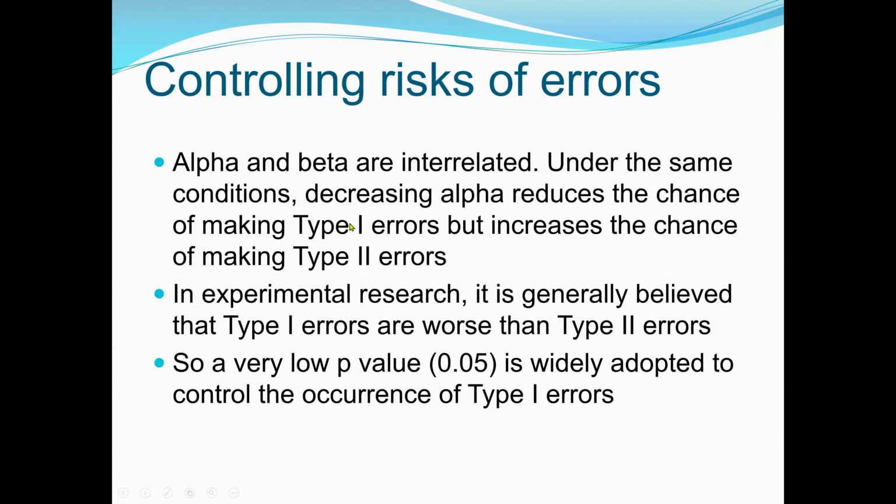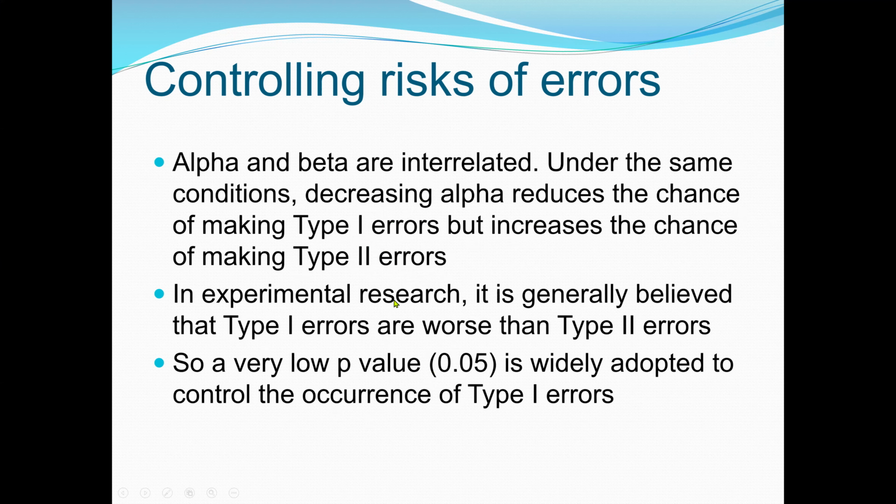That's why the p-value always has to be very small to reject H0. But if we decrease alpha, then the chance of making type 2 error increases. Because if alpha is decreased, the p is decreased, and then beta will increase. So they're interrelated in the same study.